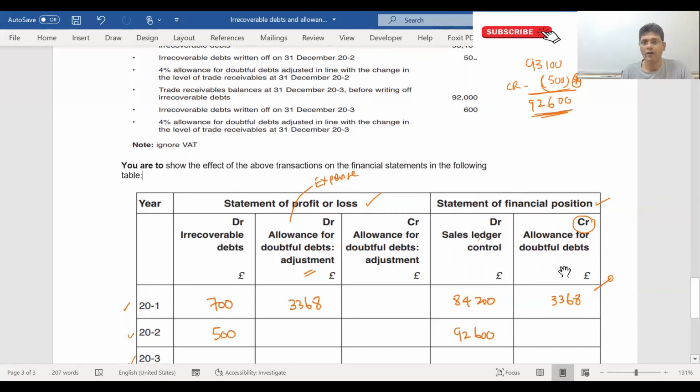On this balance again we have to make a 4% allowance for doubtful debts, adjusted in line with the change in the level of trade receivables as at 31st December 2002. Our receivable balance changed to 92,600. On that, 4% will be how much? So when you calculate 4% on 92,600, 92,600 times 4% will be how much?